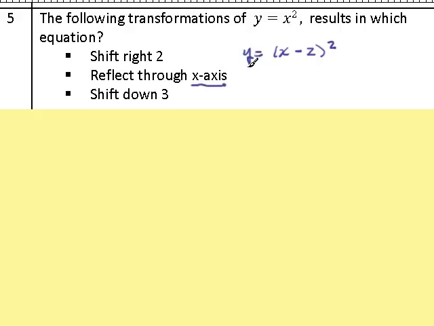That means we're replacing y with minus y, or another way of thinking about this is negating the entire right-hand side. Instead of sticking the negative sign here, we can just stick the negative sign in front of the right-hand side. So we have y equals minus x minus 2 squared. Shifting down 3, so we're going to just subtract 3 from this whole thing.